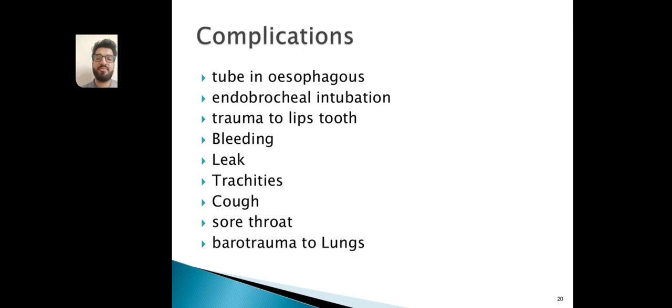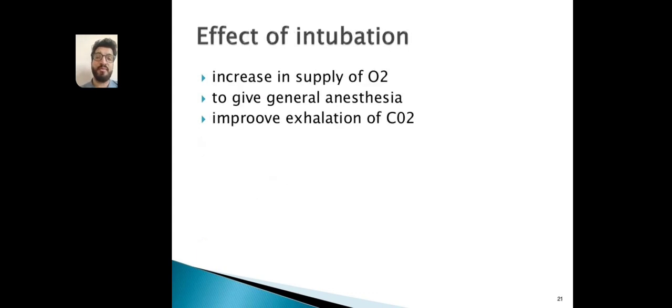So that is also a possible complication. And also there can be barotrauma to the lungs. Barotrauma is trauma because of pressure. Sometimes there can be high pressure delivery of gas into the lungs, and that can lead to barotrauma.